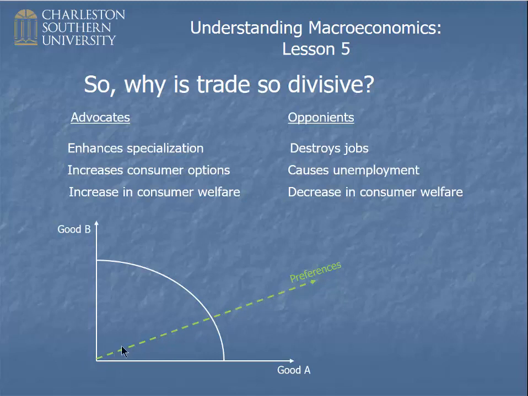And because this line is kind of flat, all it says is that people in this country like good A a little better than they like good B. So given they're constrained by the production possibilities curve, they will elect to produce here. They will have this much good A available to them and this much good B. Okay? Now, once you allow trade, it turns out that the terms of trade in the rest of the world can be very different from their preferences.